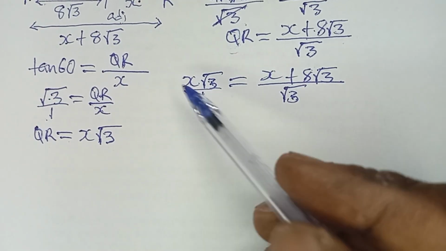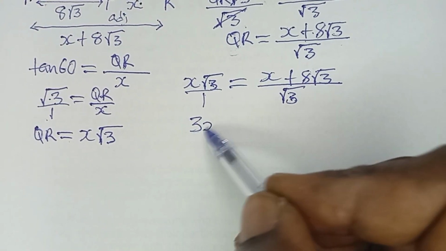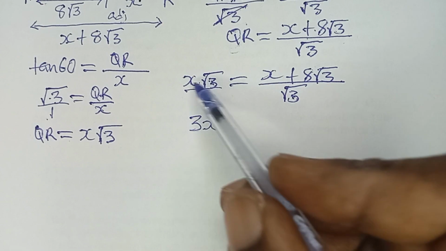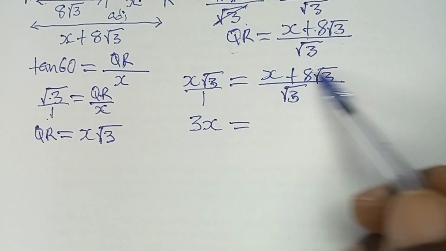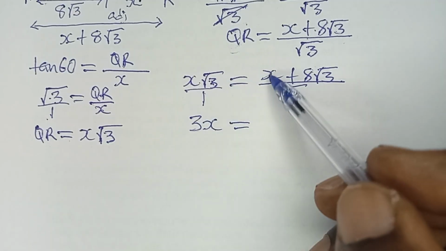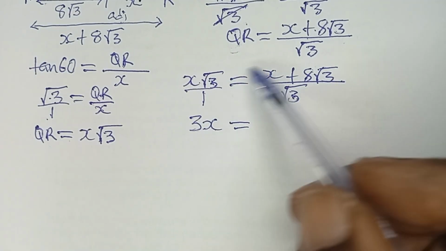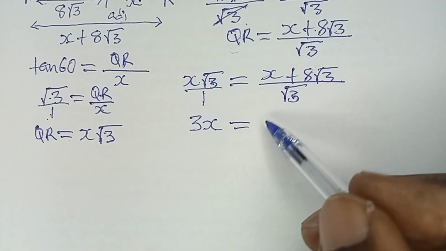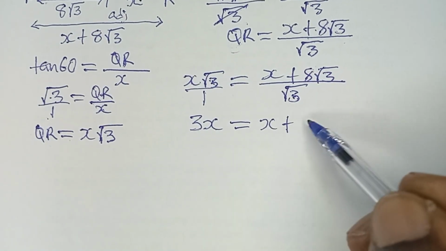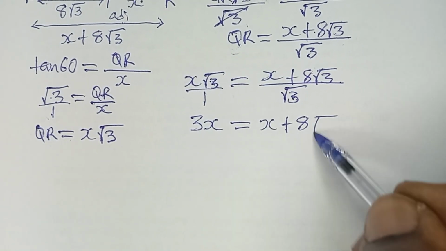Then multiply by x, so that will give us 3x. And that will be equal to, this one multiplies 1, will still give us exactly this. Don't forget we are cross multiplying. So this multiplies 1 will still give us x plus 8 root 3.